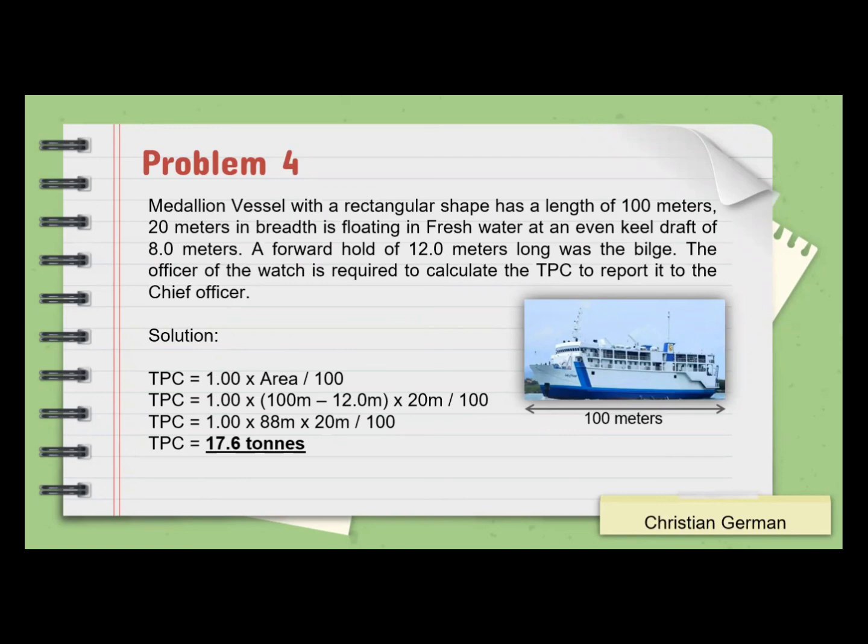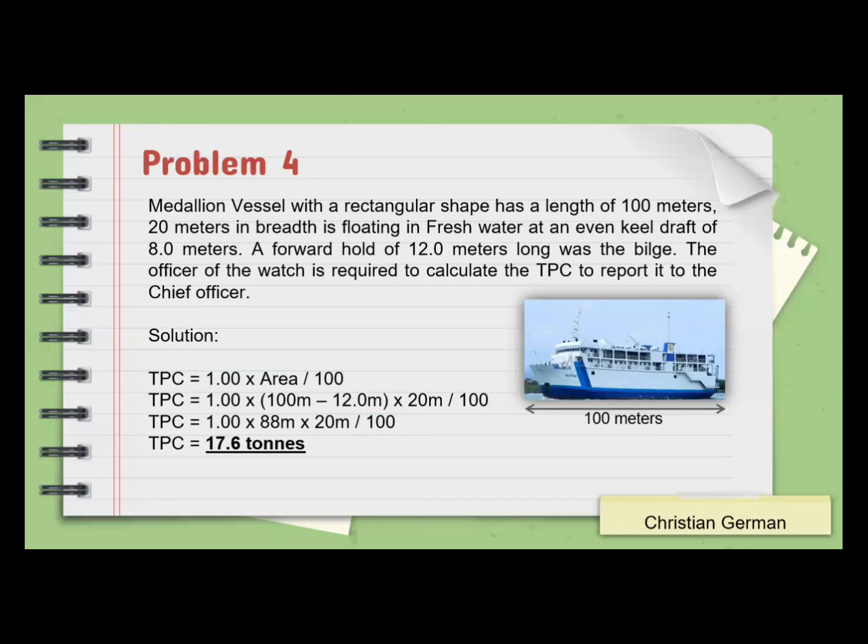For the solution, we have a formula: TPC equals 1.00 times area over 100. So simply substitute each value: 1.00 is the value of the fresh water, times 100 meters minus 12.0 meters, times 20 meters, divided by 100.